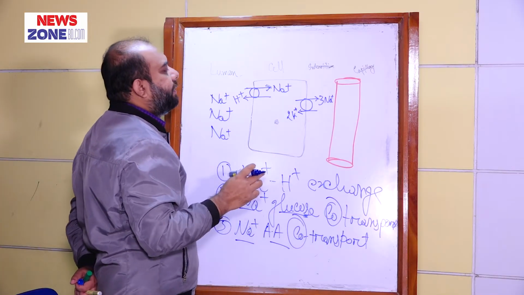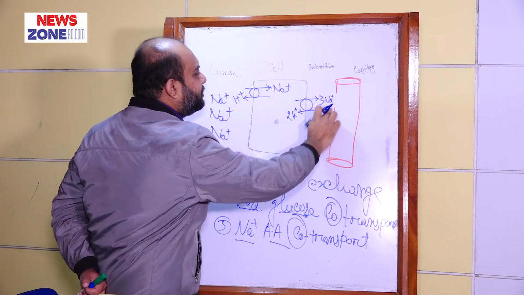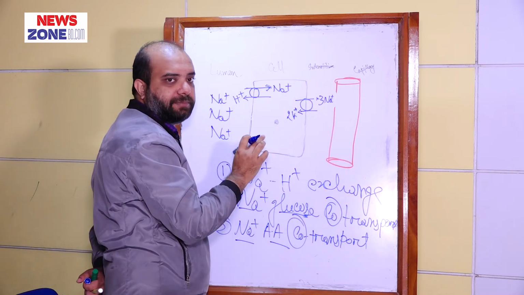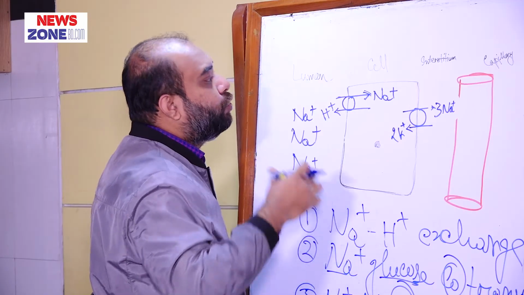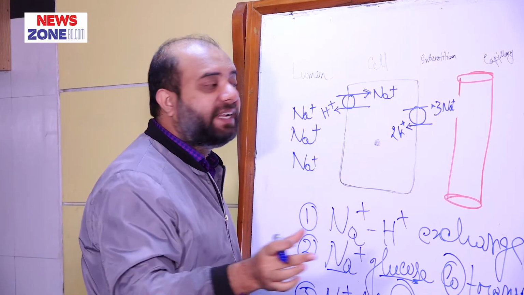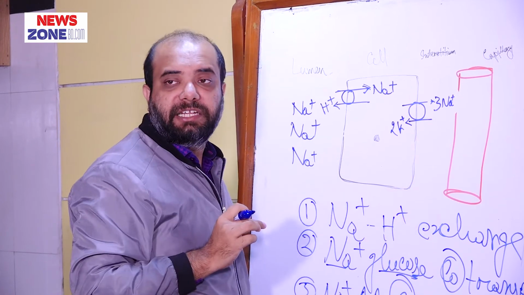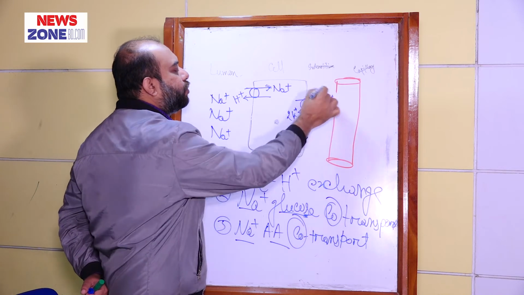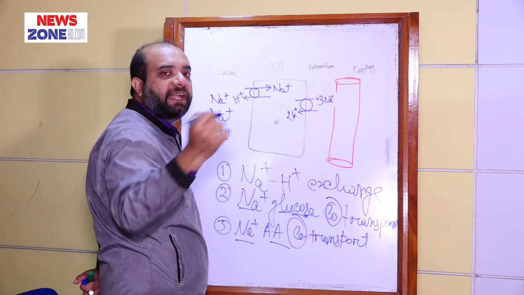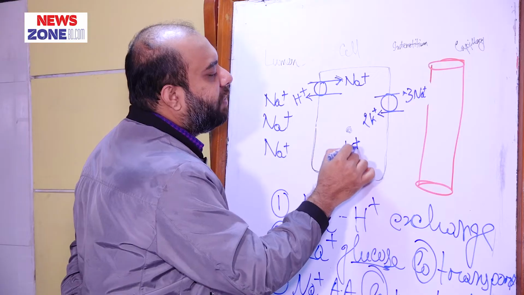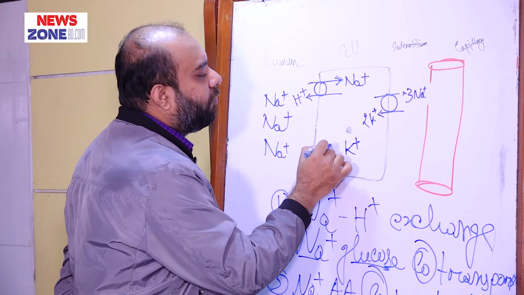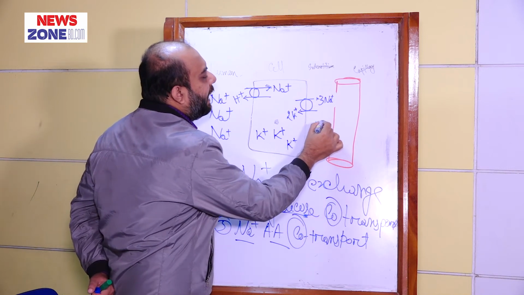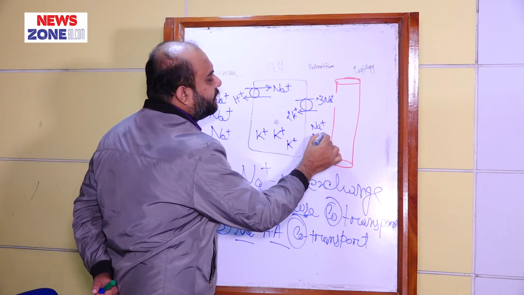Look here, these 3 sodium ions transported from the cell into the interstitium will help to develop a concentration gradient in the renal tubular epithelial cells, and in exchange for sodium ions, 2 potassium ions will enter the cells. So there will be a maximum concentration of potassium ions inside the cell and a maximum concentration of sodium ions outside of the cells.